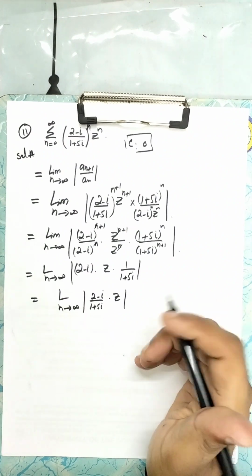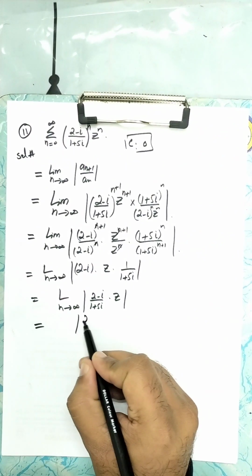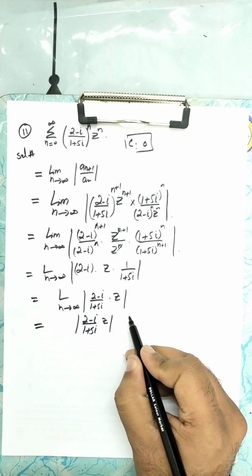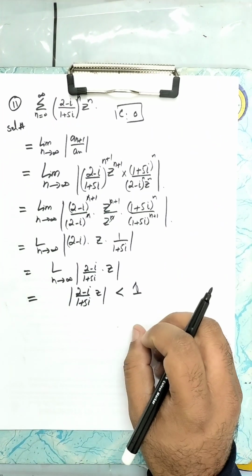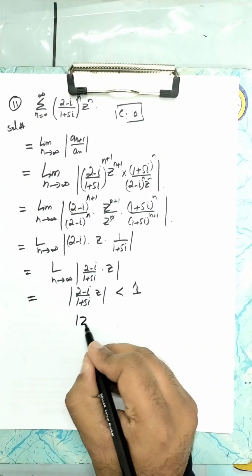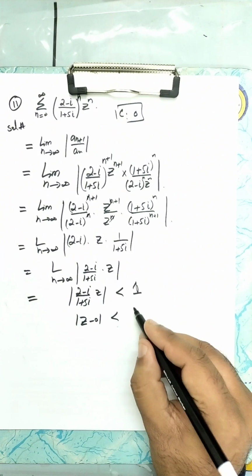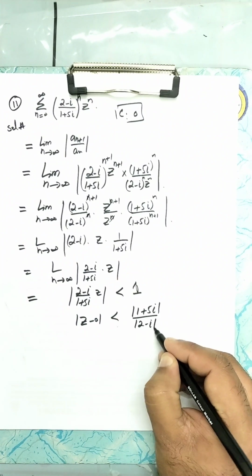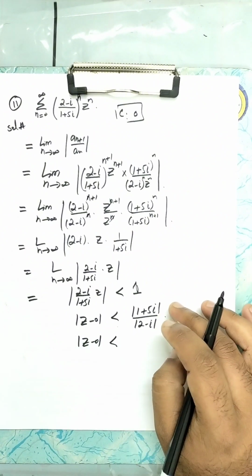Okay, so the limit of this term is mod of 2 minus iota over 1 plus 5 iota times z, and this converges, by using the Cauchy ratio test, if this is less than 1. So this becomes mod of z minus 0 less than mod of 1 plus 5 iota over mod of 2 minus iota. So this is z minus 0, where 0 is the center, and take the mod.